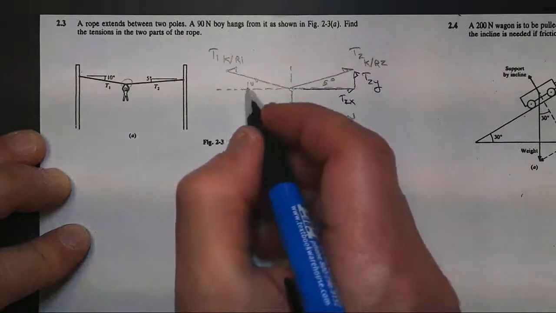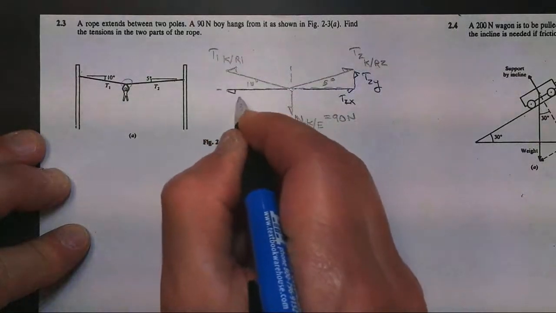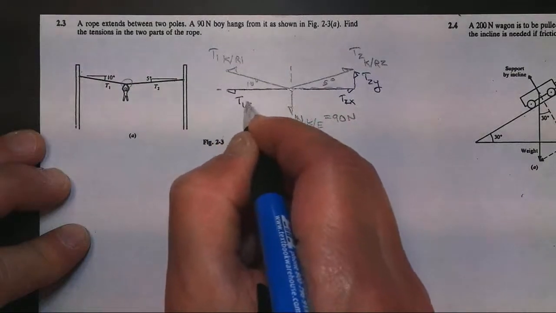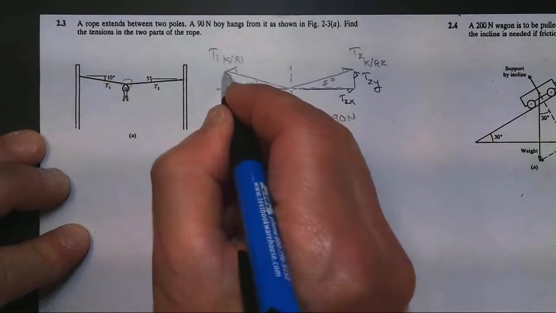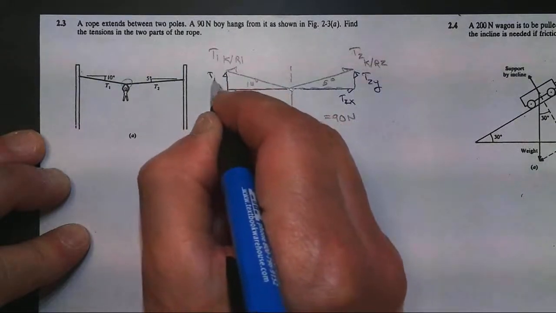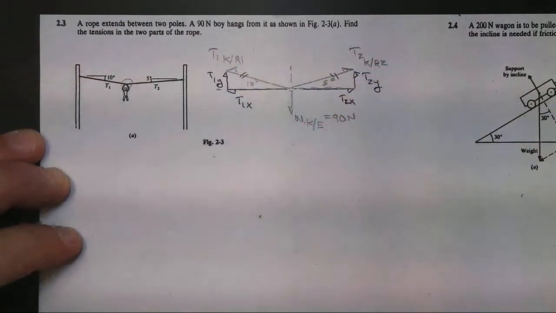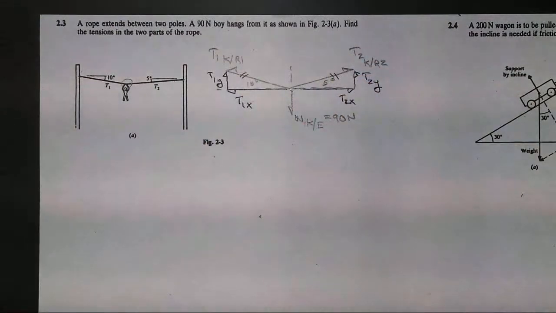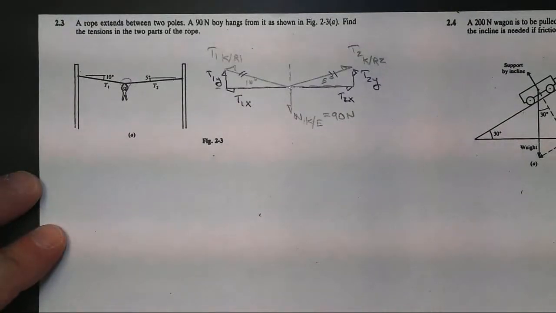We also have to the left the horizontal component of tension 1, which would be T1x, and then coming straight up from there we have T1y. So we resolve tension 2 and tension 1 into their perpendicular components. Next what we want to do is write conditions for equilibrium, Newton 1 equations.